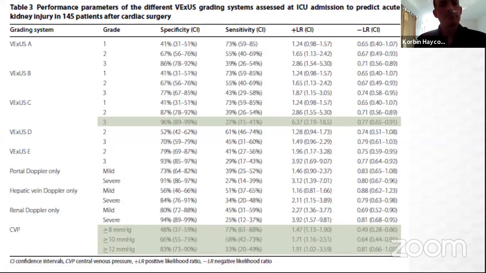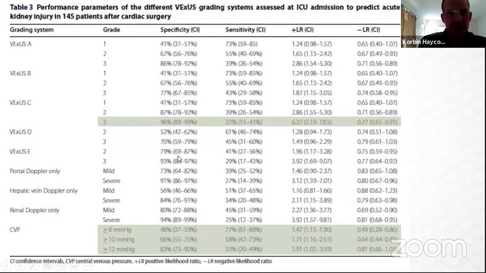We wanted to compare whether combining these scores worked better than any of the exams in isolation, and also better than probably the most common venous congestion hemodynamic variable, the CVP.